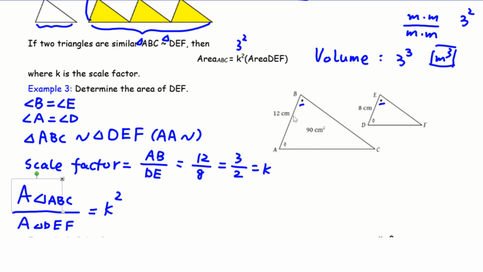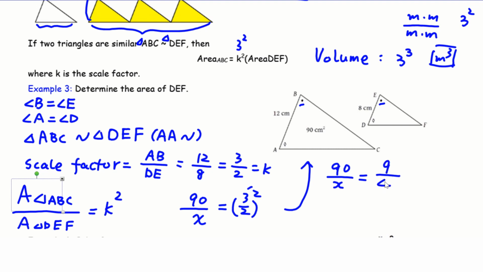We substitute: the area of triangle ABC is 90, divided by the second one we want to find, x, equals k squared, which is 3 over 2 in brackets squared. Then we have 90 over x equals, applying the exponent to the numerator and the denominator, 3 over 2 times 3 over 2, so 3 times 3 is 9, 2 times 2 is 4.